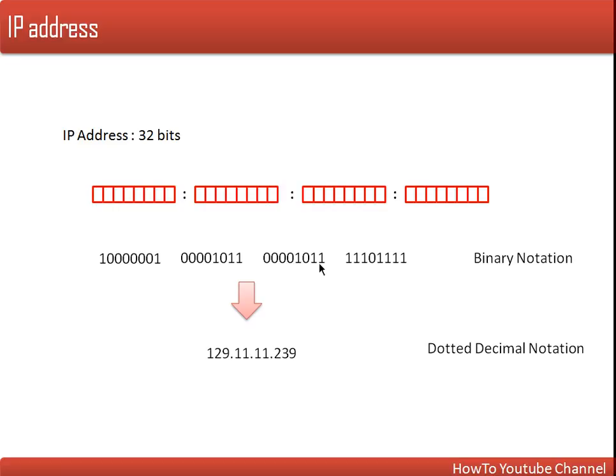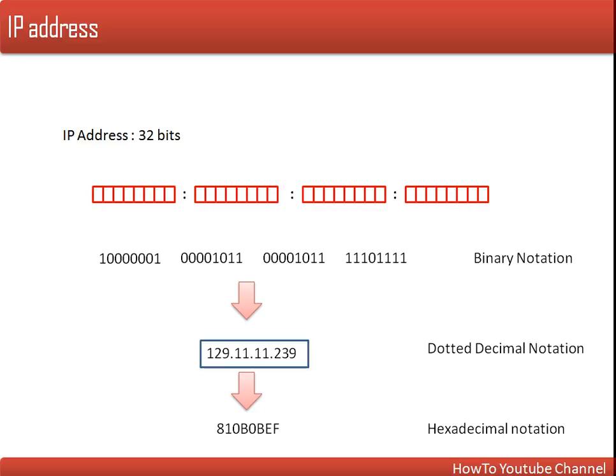It can also be represented in a decimal format. Every byte will be converted into decimal, and these 4 decimals are separated by dot. So in binary format we use colon, decimal, dot, and there is one more notation, that is hexadecimal notation, and this notation is continuous.